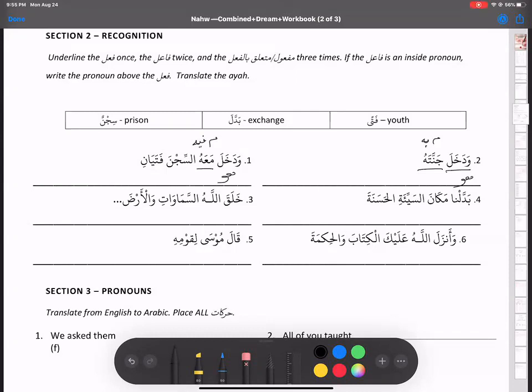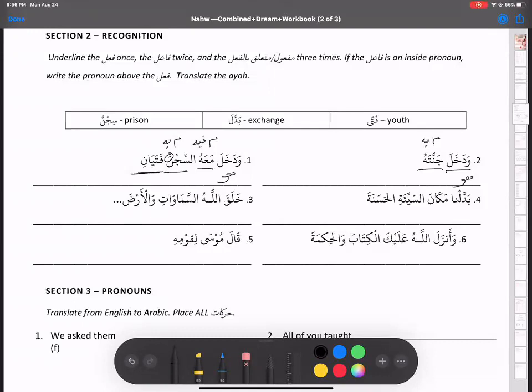And what is sijna? It means another maful. Yes, sijna, the noon is giving away that this is our mafulun bihi. And he entered with him as-sijna, in the prison. So what is fatayani?